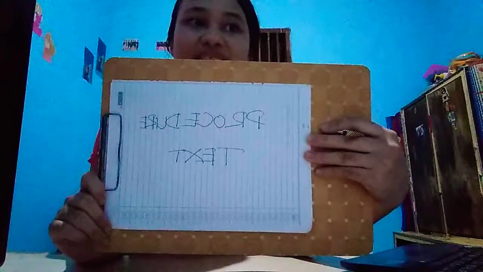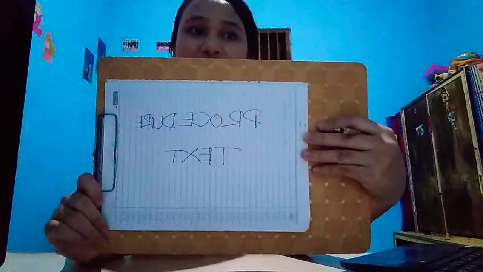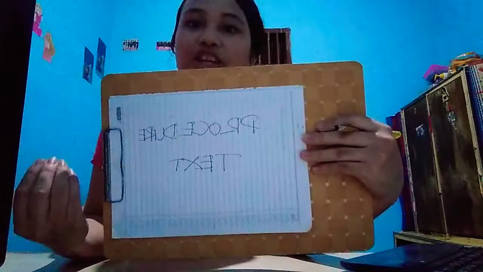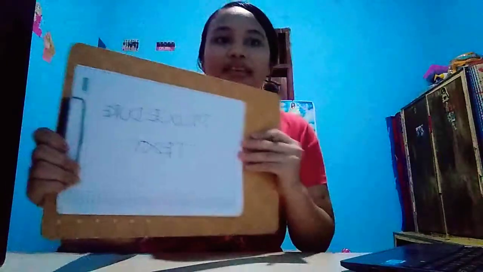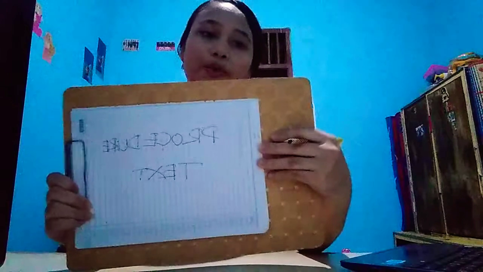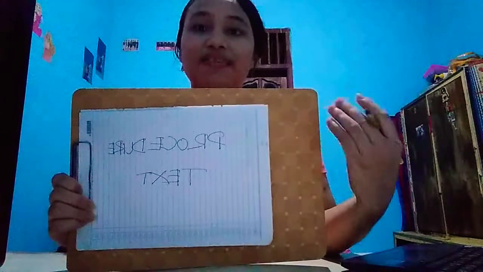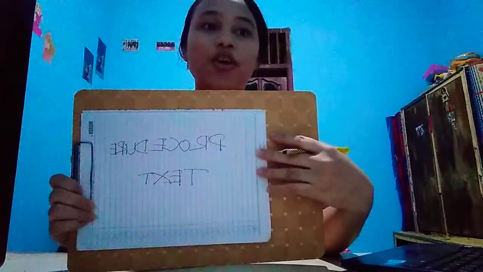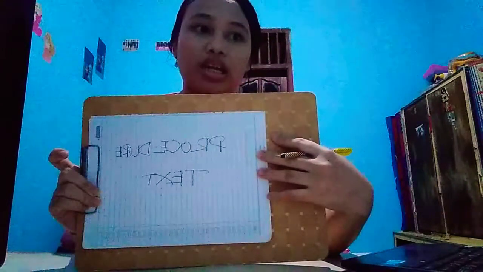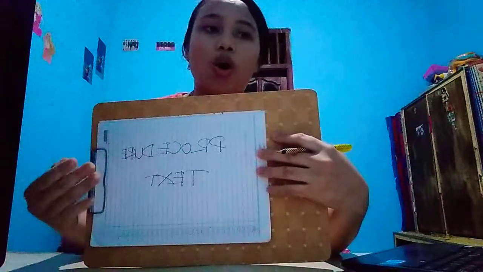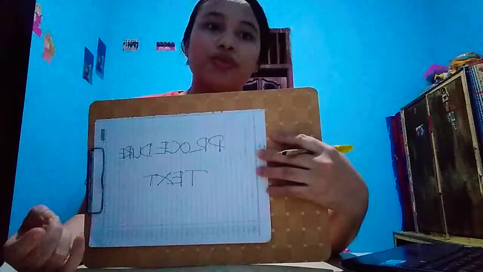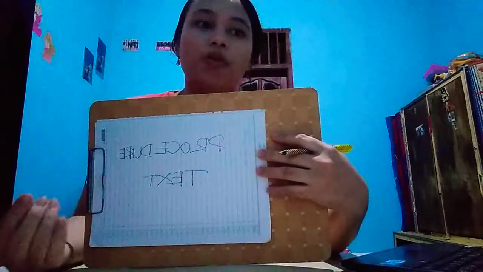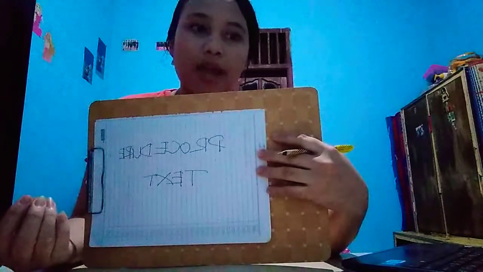Procedure text is a piece of text that gives us instruction for doing something, and in other words, procedure text is a text that is designed to describe how to make something through a sequence of actions or steps.